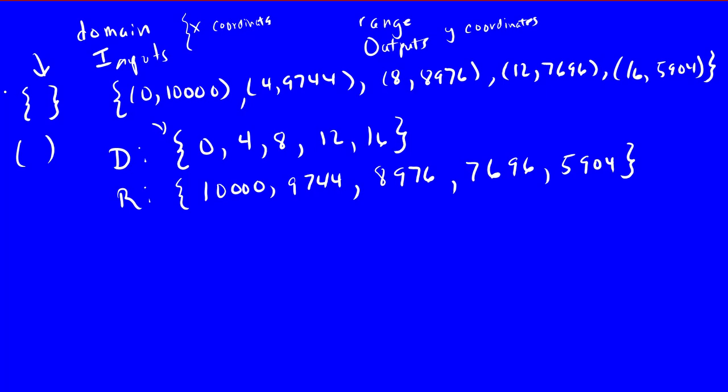So because of that, let's talk about what a function is. We've been talking about relations up to now, but let's talk about functions because that's the second half of what we're doing here. So a function is a relation, first of all. So what makes it different?